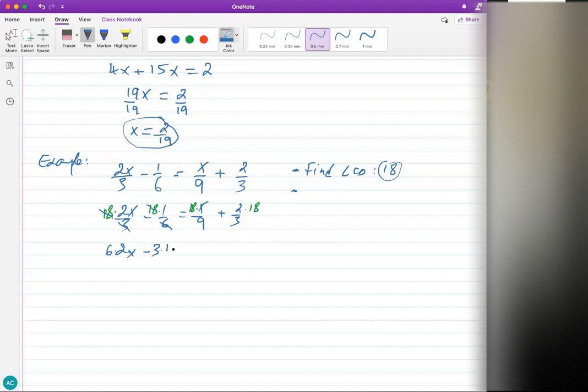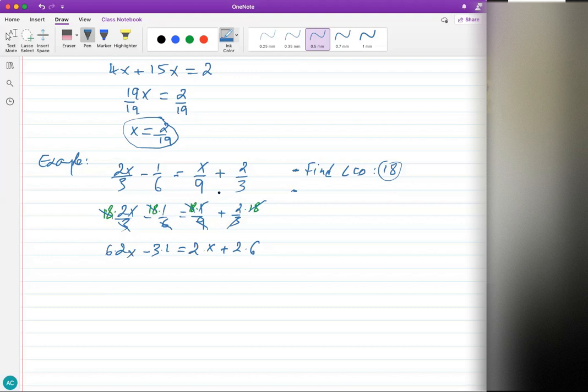Bring the 1 down. And here, same thing again, 18 by 9, that's 2, times the x. Plus, finally, again, we don't want to multiply yet. We want to get rid of the fraction, so it would be 2 times 18 by 3, that's 6.